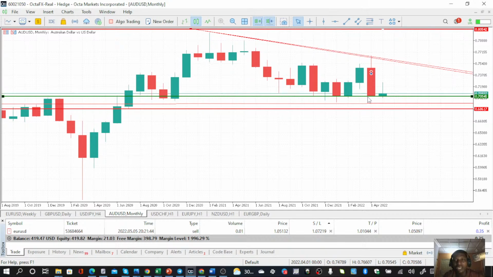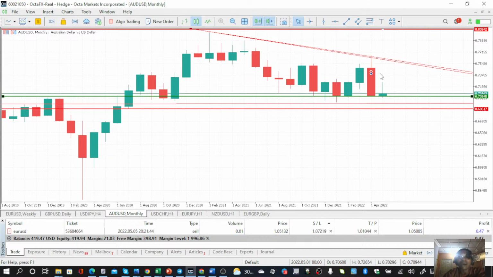Now this tells us that there is a bearish momentum coming in, since the last month candle closed below the previous two months' candles.